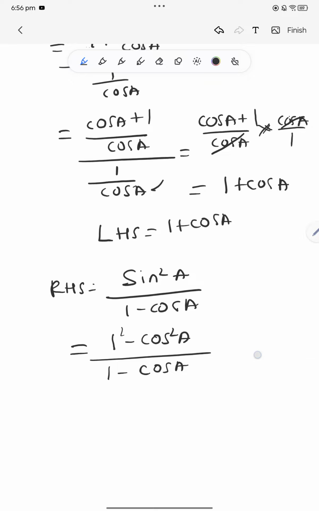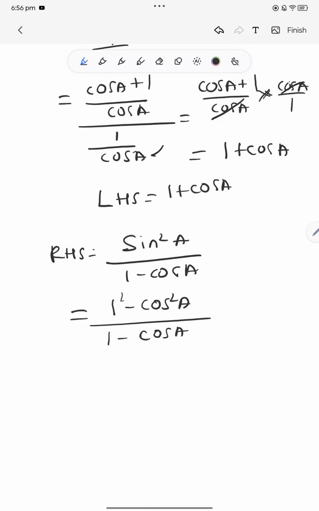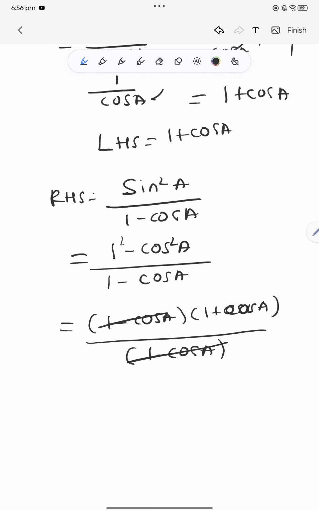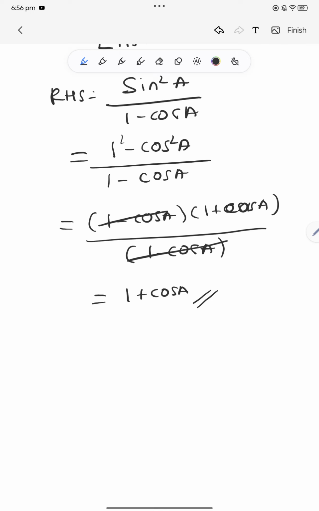Here 1 square minus cos square A, like a square minus b square, is (1 minus cos A) into (1 plus cos A), divided by 1 minus cos A. So 1 minus cos A gets cancelled. What is left? 1 plus cos A. So LHS is equal to RHS.